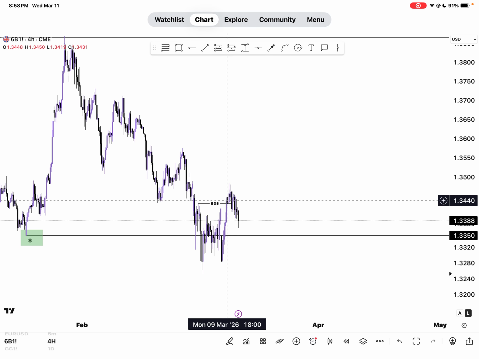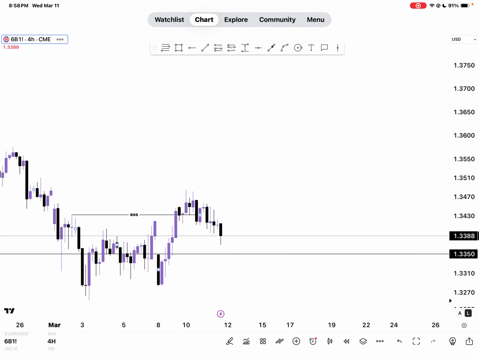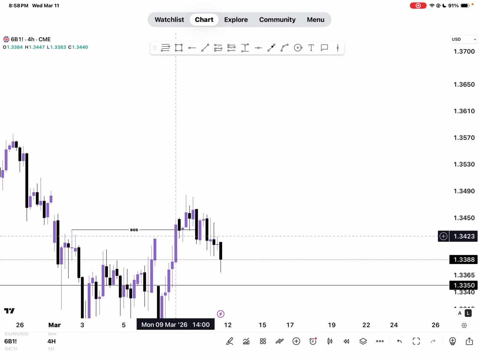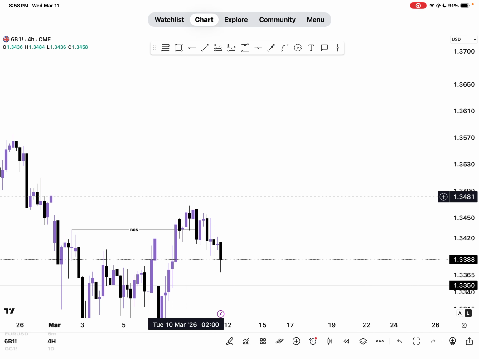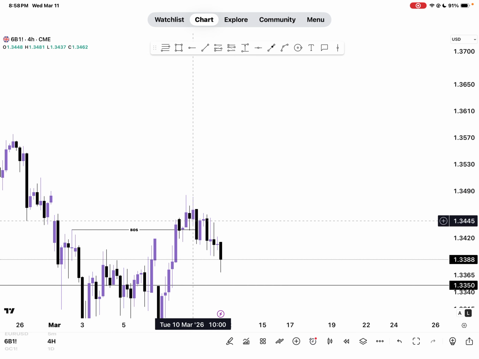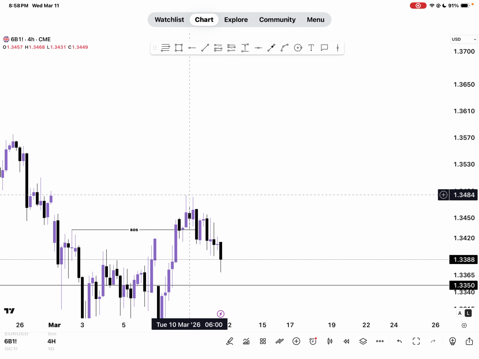But it seems that immediately after the break of structure, we formed more bullish price action in which we had a high created, a low created, a new high created, a failure to create, and then we had unwillingness after that high was created.